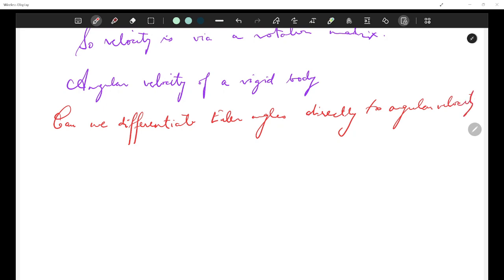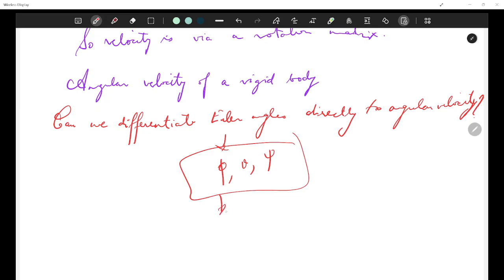If you have seen the lecture, you would get the answer. The Euler angles are, let's say, phi, theta and psi, the three different angles which are used to express the orientation. My question is, if we differentiate these, would we get omega x, omega y and omega z? Would that happen?